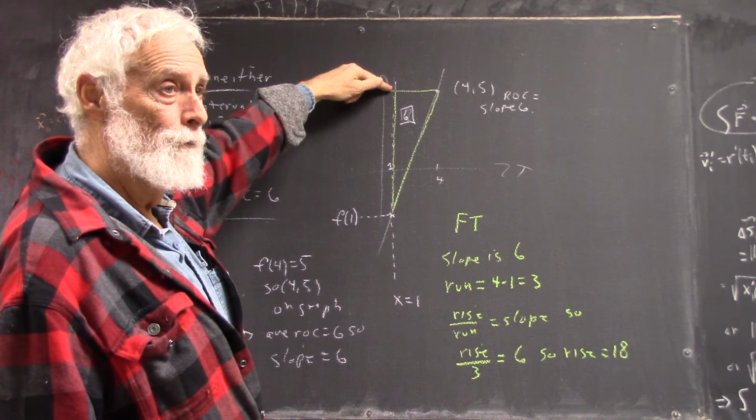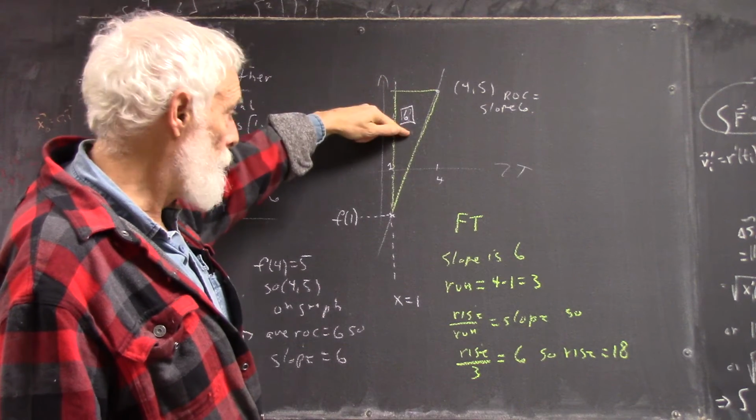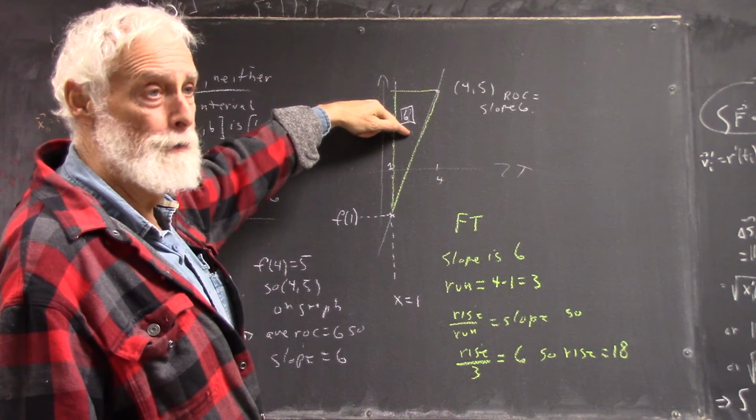That's 6. Rate of change is 6. It's got a box around it. It's not a coordinate.